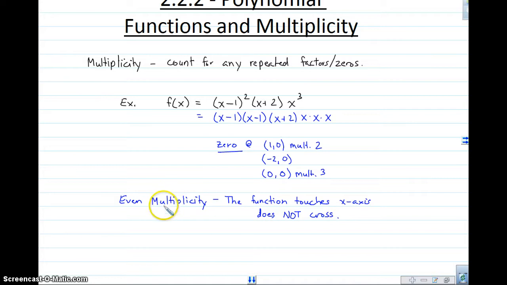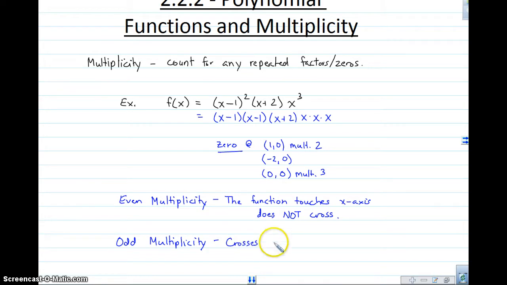Okay, so anytime there's even multiplicity at that x-intercept, it will still touch, that point has to exist there, but it's not going to actually cross the x-axis. It's going to touch it and then move back away to the same side of the x-axis it was on. If there are an odd count of multiplicity, then it will actually cross through the x-axis like we're used to.